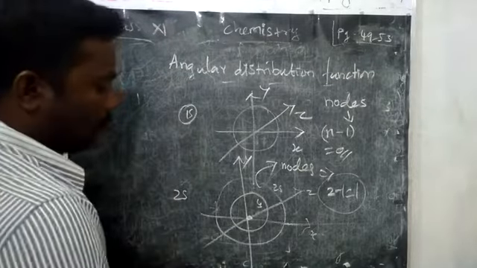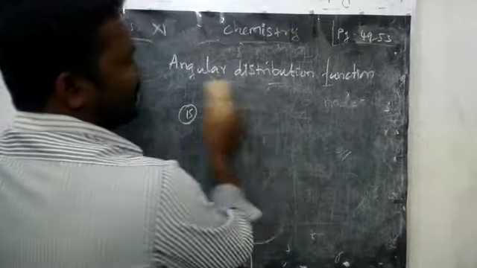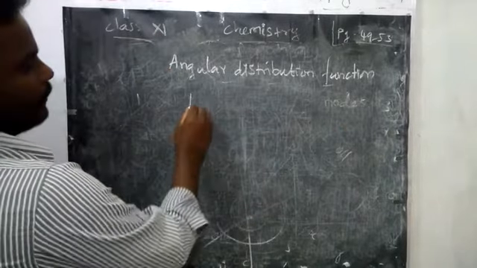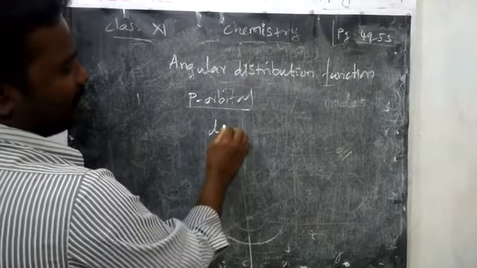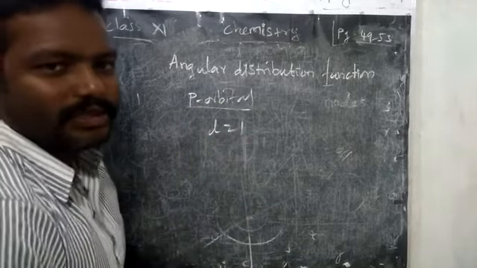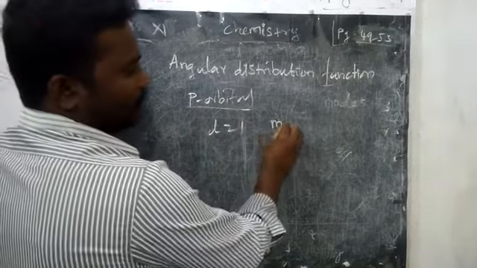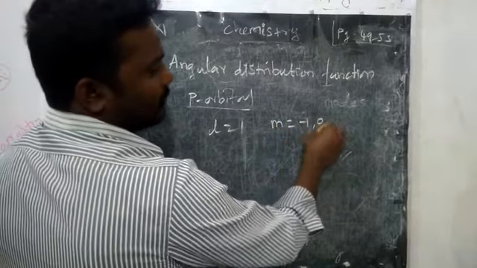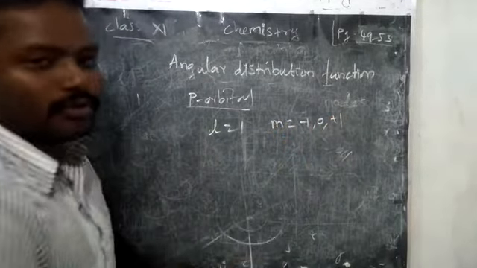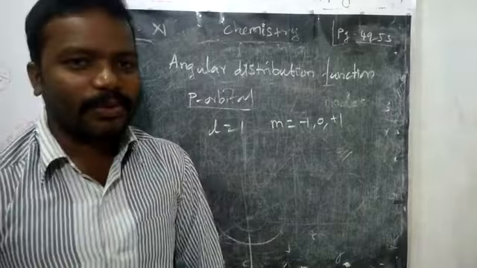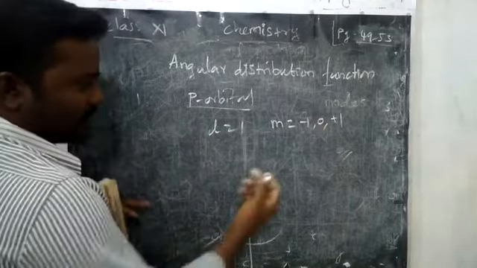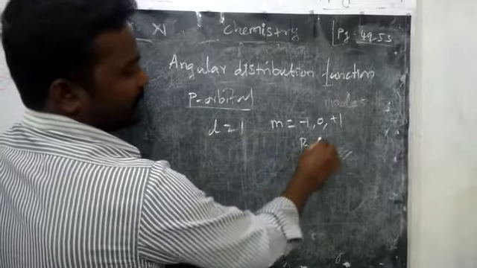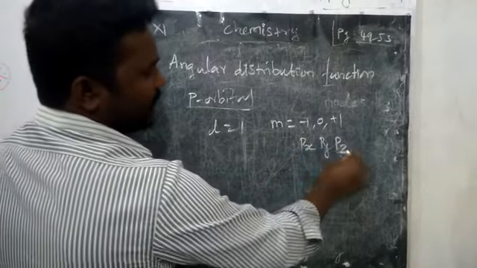Now we can learn about the shapes of the p orbital. For the p orbital, what is the L value? It is 1. So L value 1 means M value is -1, 0, +1. So there are 3 possible orientations. What are the 3 possible orientations? Px, Py, Pz.